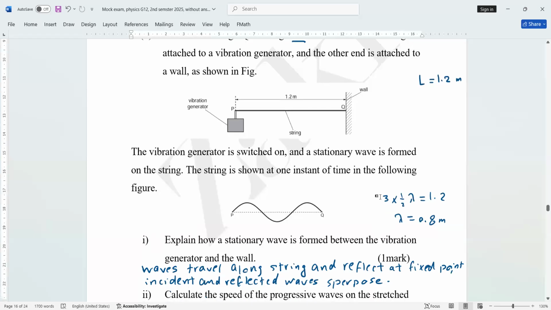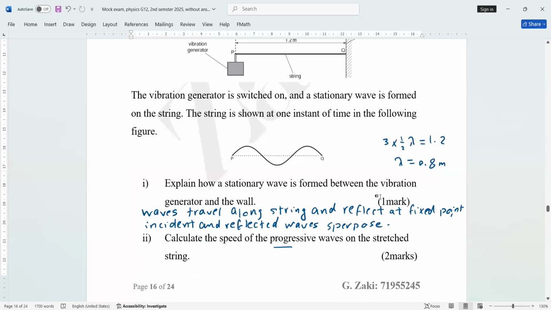Okay, calculate the speed of wave on the stretched string. We need the time actually here. The time given here is 0.16, but it is not given in the question. So I add here the time period.